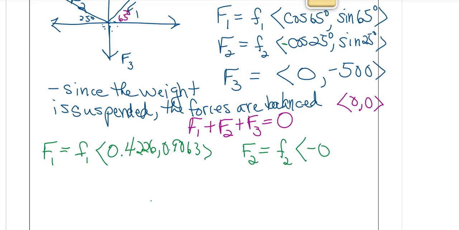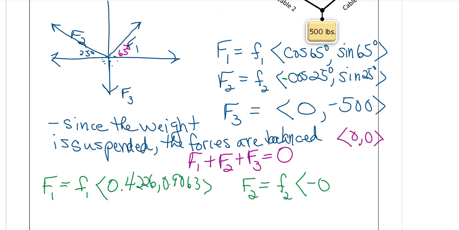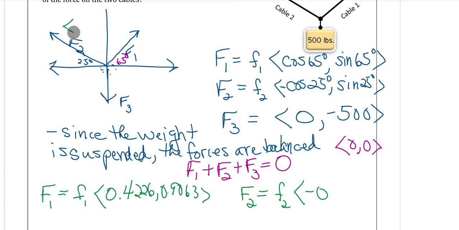I need that to be negative because based on my force diagram here, my F2 is going to have a negative x component because of where I have it located in my picture. The y is in the positive side of the coordinate plane, but the x is in the negative part. So I apologize, I missed that when I wrote the first part. Okay, so negative 0.9063, comma, 0.4226. And there's nothing to rewrite for F3, so I'm not going to.